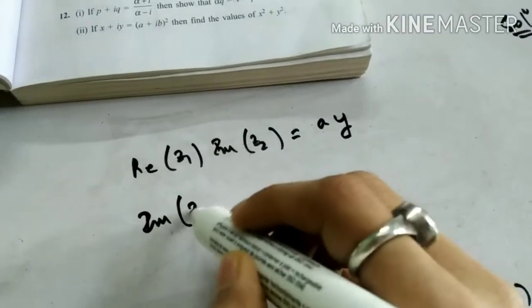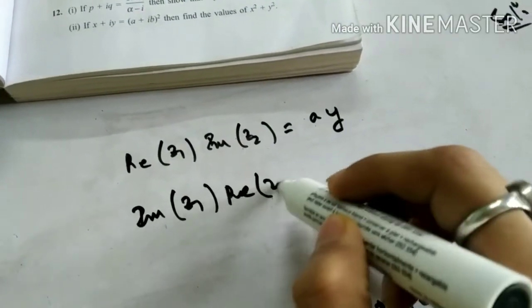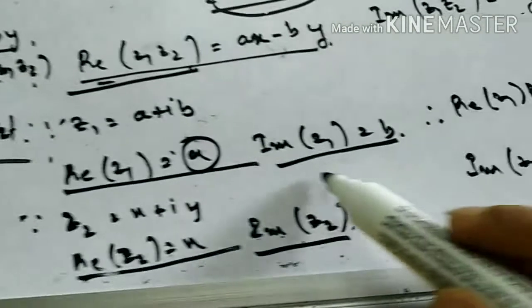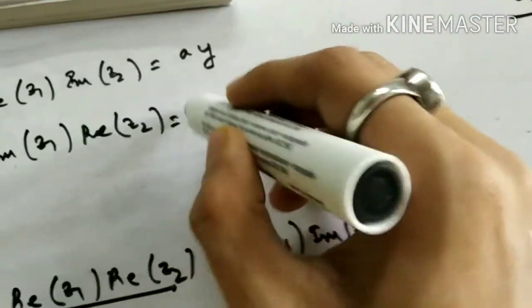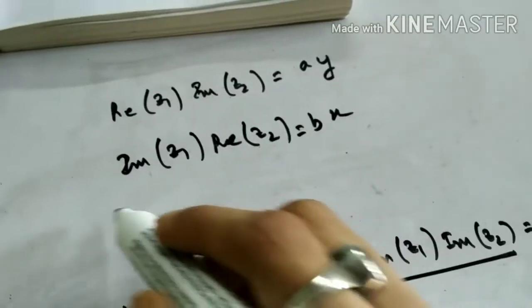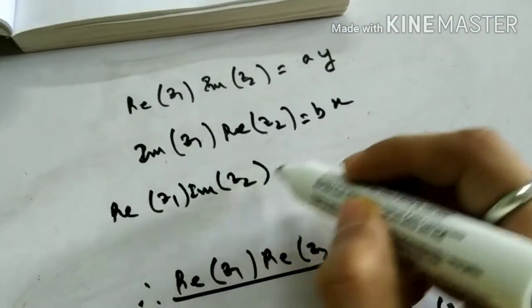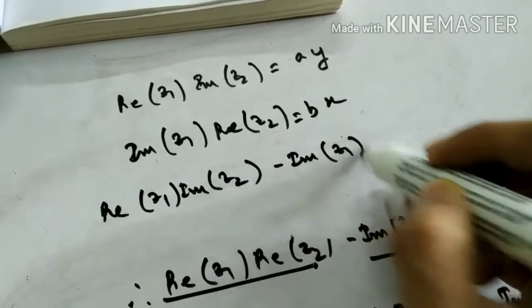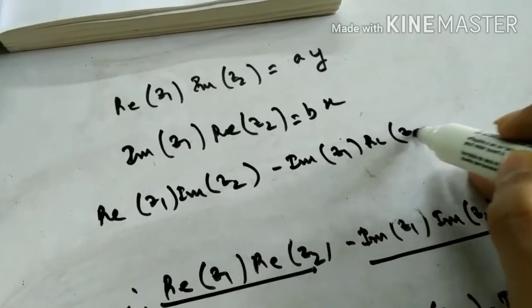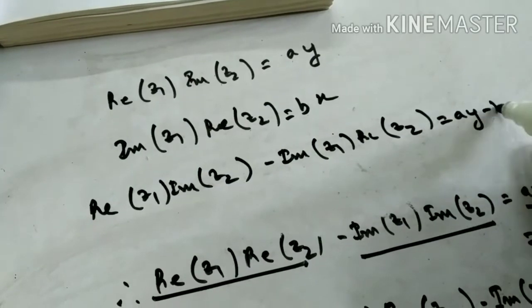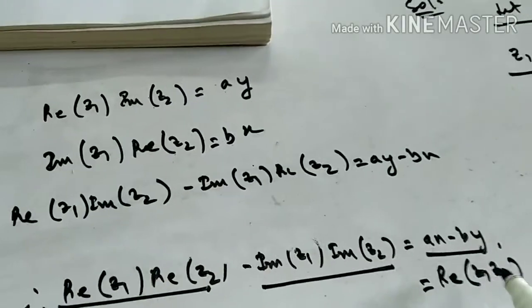And then again Im Z1 and Re Z2: Im Z1 is B, and Re Z2 is X, so I will get BX. So Re Z1 Im Z2 minus Im Z1 Re Z2 is equal to AY minus BX.